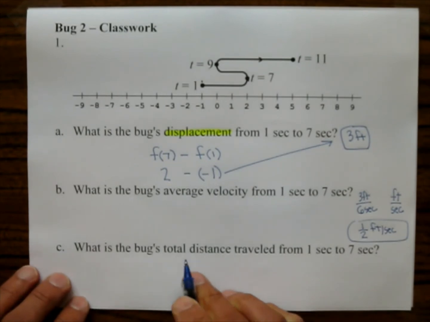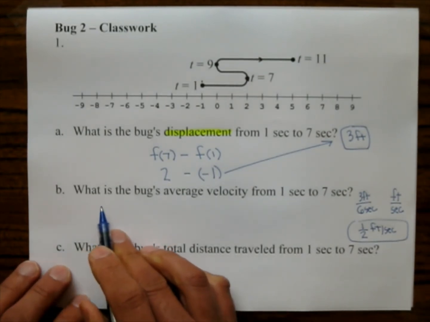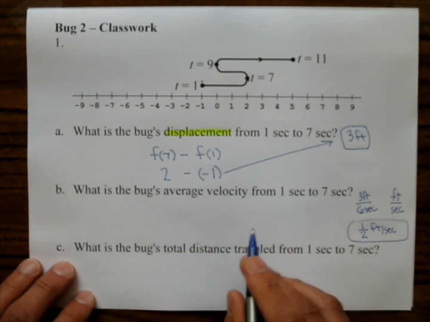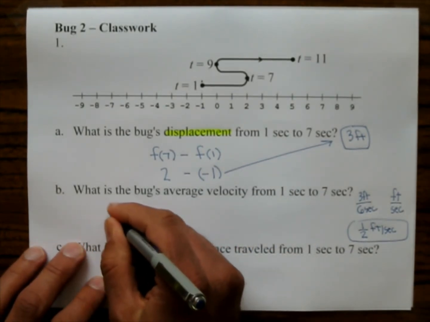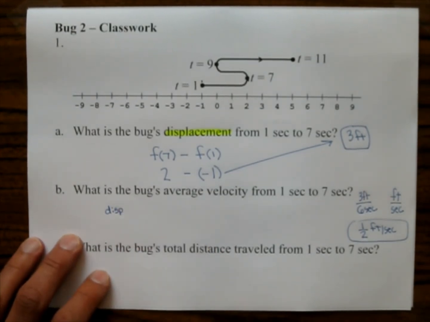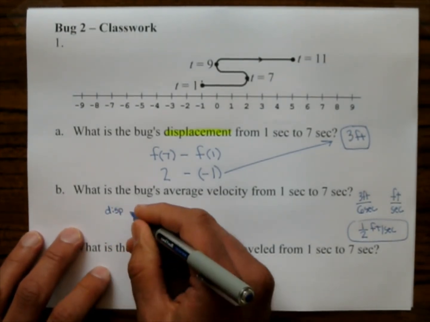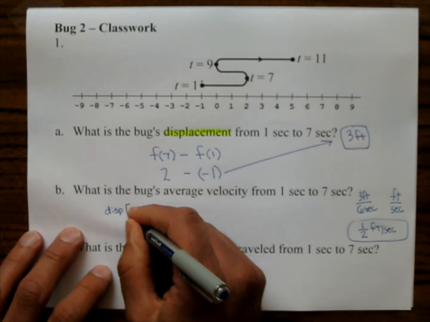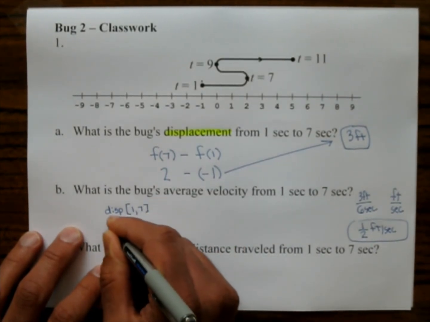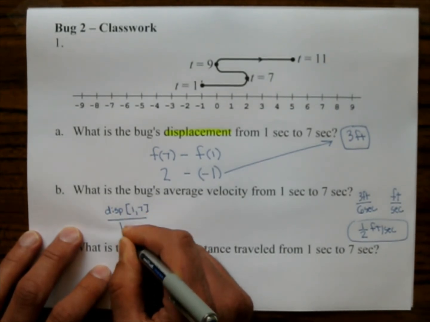So let's go ahead and put up some formulas that we can use. We can say the bug's average velocity is really the displacement from 1 to 7 over the time.